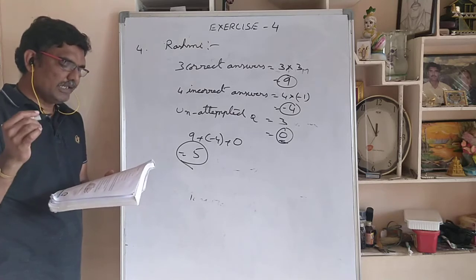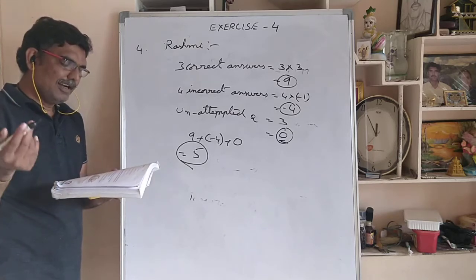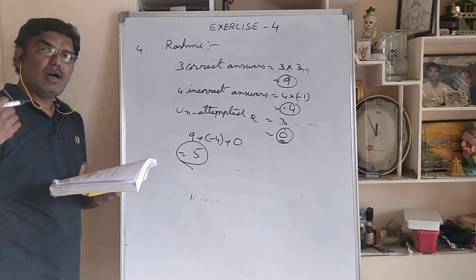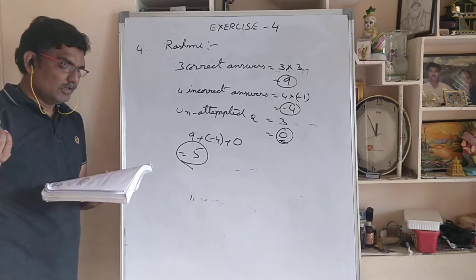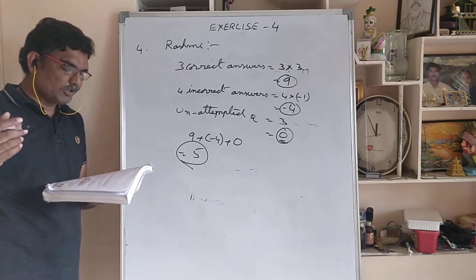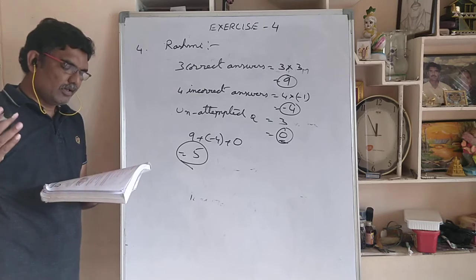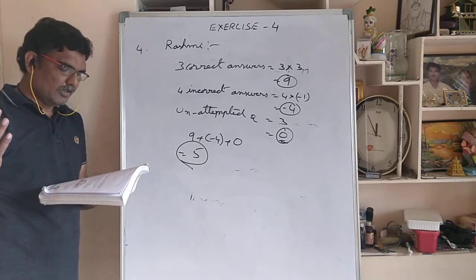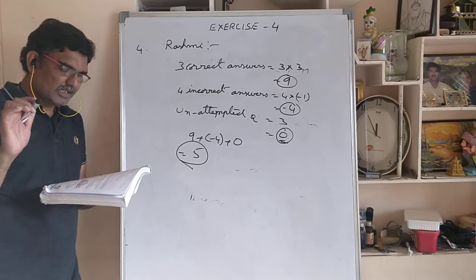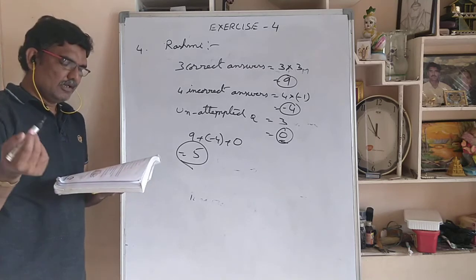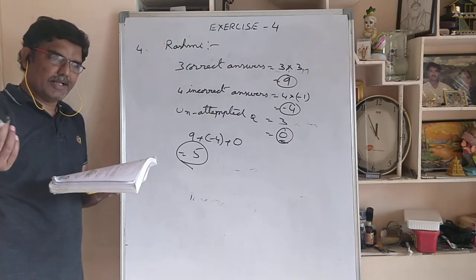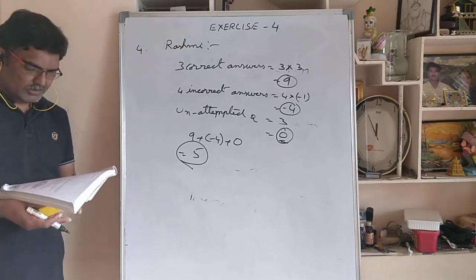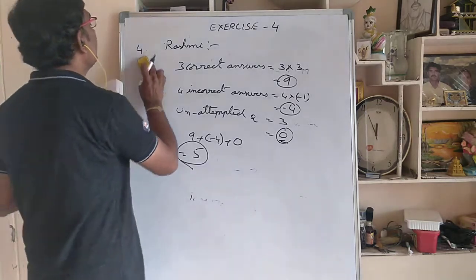Take individually how many correct answers, how many incorrect answers, how many unattempted. For Gopi and Reshma, all 10 were either correct or incorrect. But for Rashmi, 3 are correct, 4 are incorrect, and some questions she left unattempted. Now we'll go for the 5th problem.